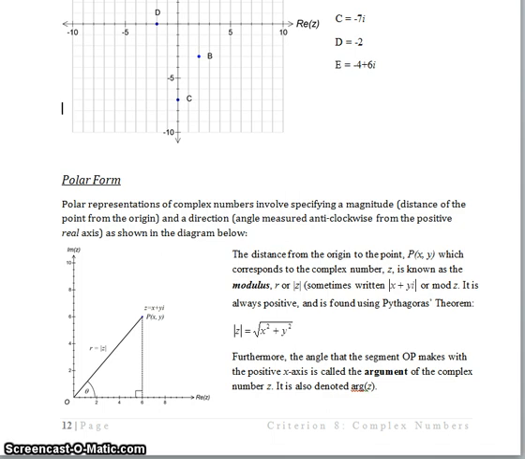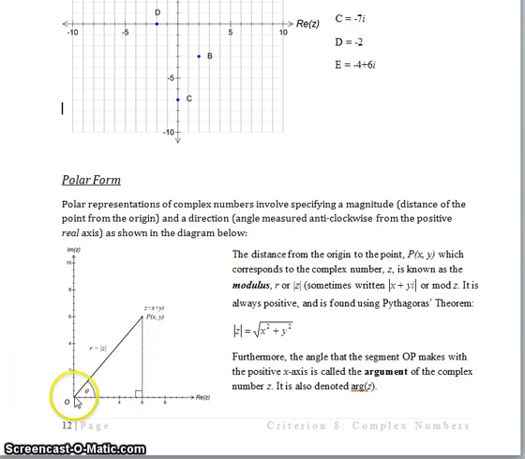Now the distance, as you can see, is quite simply worked out using Pythagoras' theorem. The magnitude, or the distance from the origin to the point, is worked out using Pythagoras' theorem. So if we have our complex number as x plus yi, so z equals x plus yi, then we've got our x coordinate and our y coordinate on the Argand diagram.